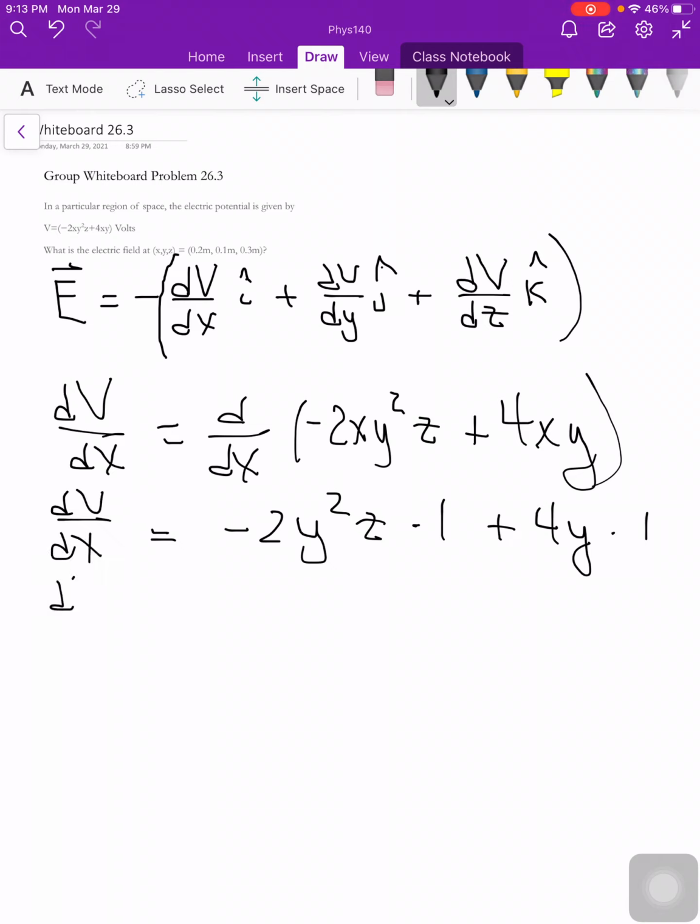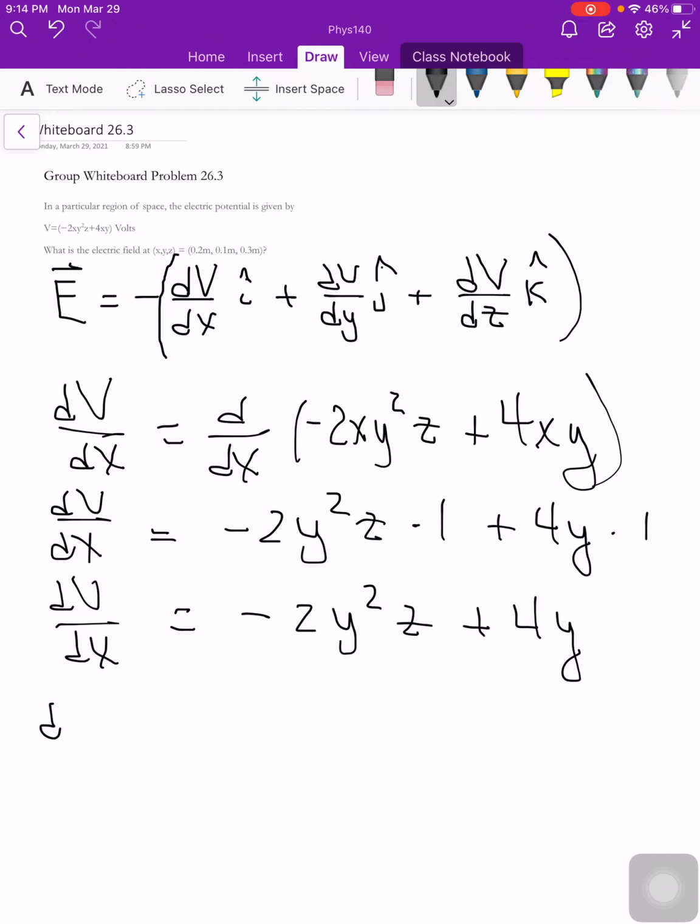So dV dx is equal to negative 2y squared z plus 4y. Before we do the next one, let's figure out what that is given the points they tell us, since we need to find the electric field at a point.